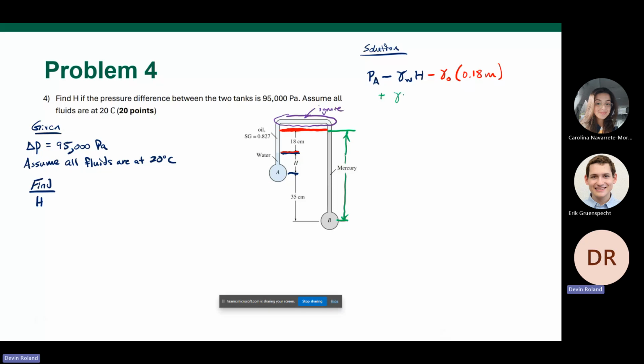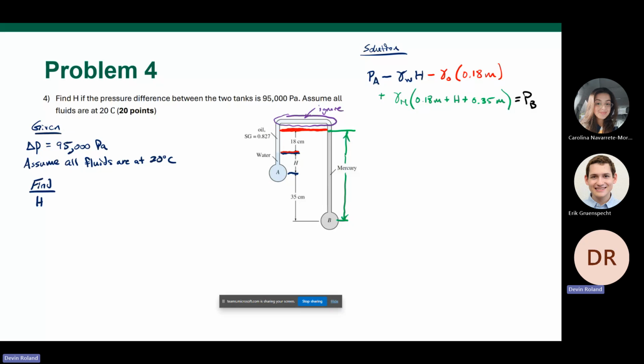It's going to be the specific weight of mercury times that distance there, which is 0.18 meters plus H plus 0.35 meters. And then that whole side of the equation is going to be equal to the pressure at point B.